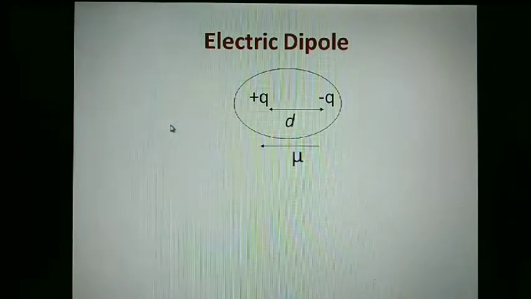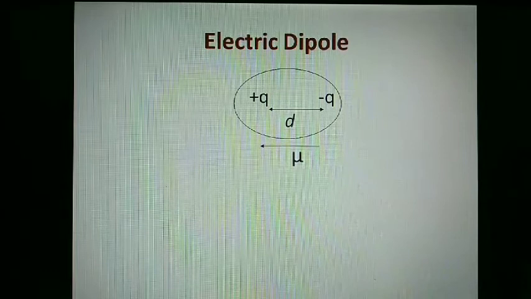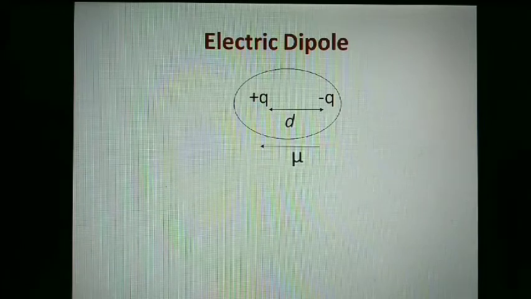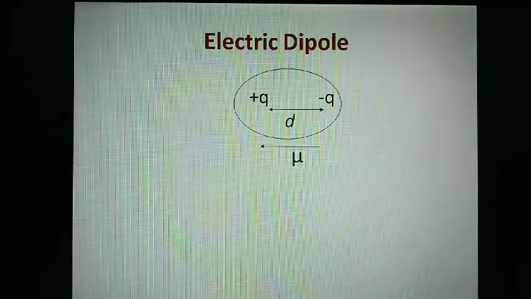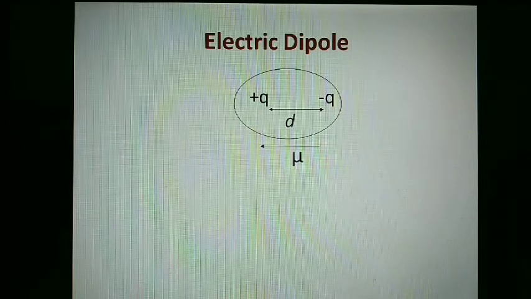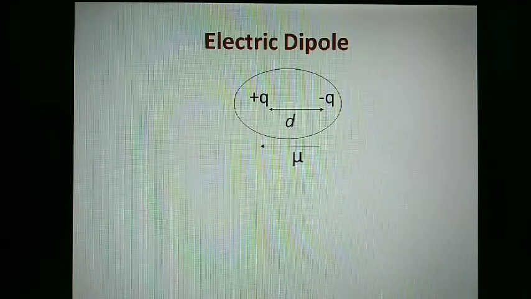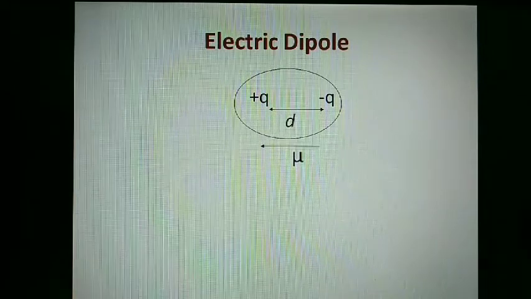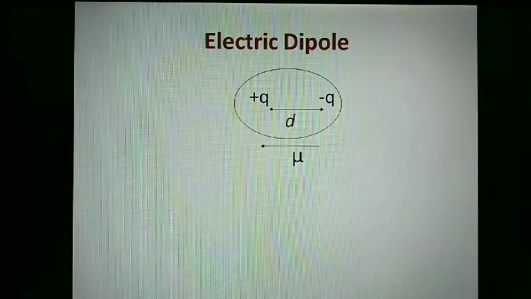This diagram shows you a molecule or an atom in which the center of the distribution of positive charges and the center of the negative charge distribution are separated by a small distance d.